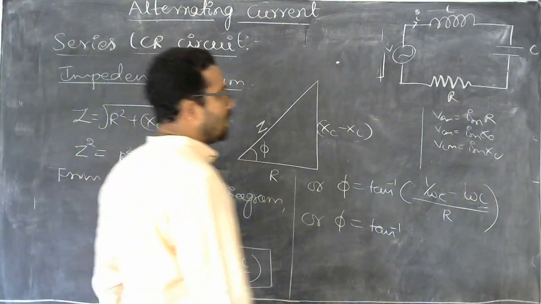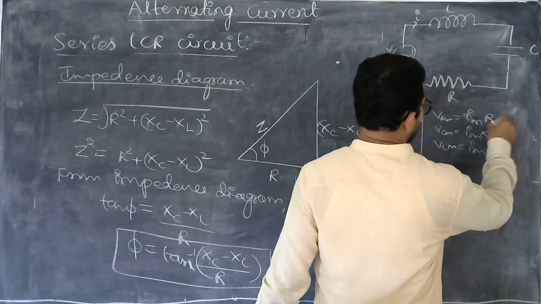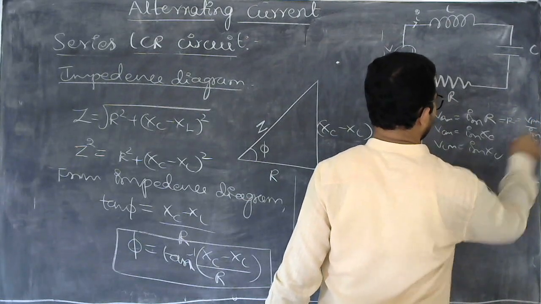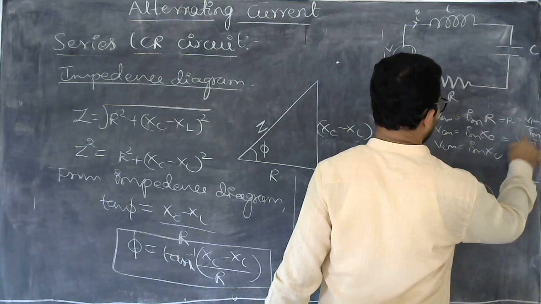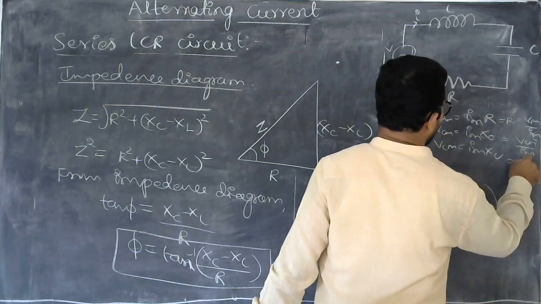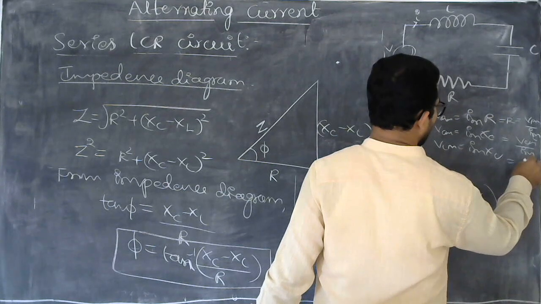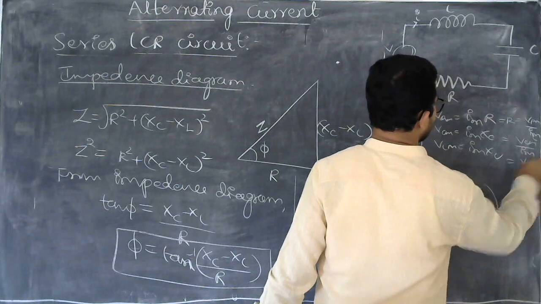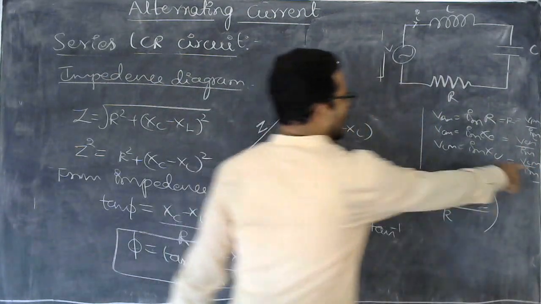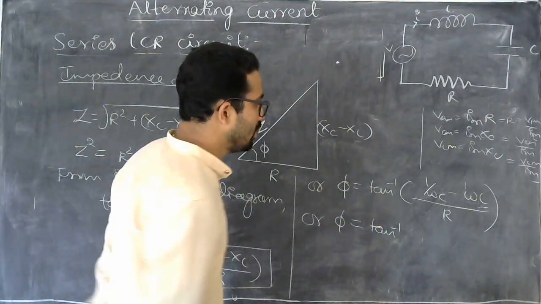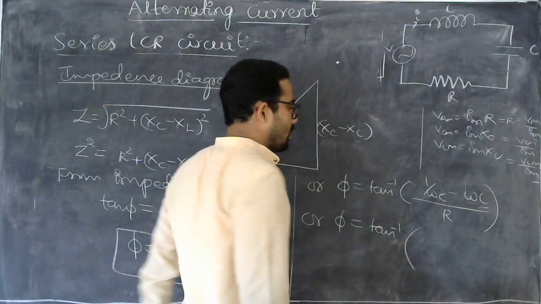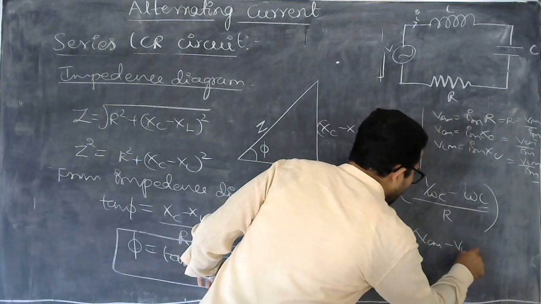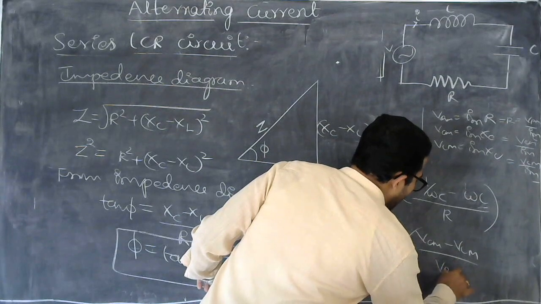Now R is equal to Vrm by Im, Xc is Vcm by Im, and Xl is Vlm by Im. In these three components we have Im as common. If you substitute here and take the common, you are left with Vcm minus Vlm divided by Vrm.